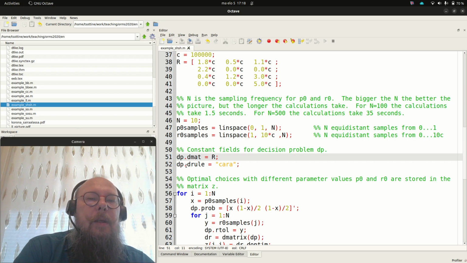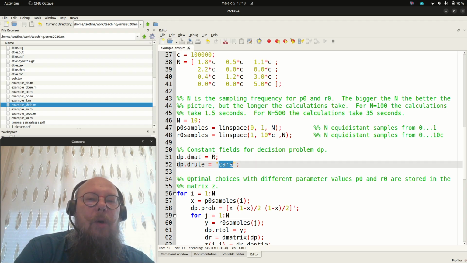Then the next is the decision rule, so dp.drule, this is fixed, it's cara. I note that there are small caras, maybe I should have used capitalized here, but it's defined with small letters, cara, constant absolute risk aversion, and in quotation marks because it's a string. Again, note the semicolons there.